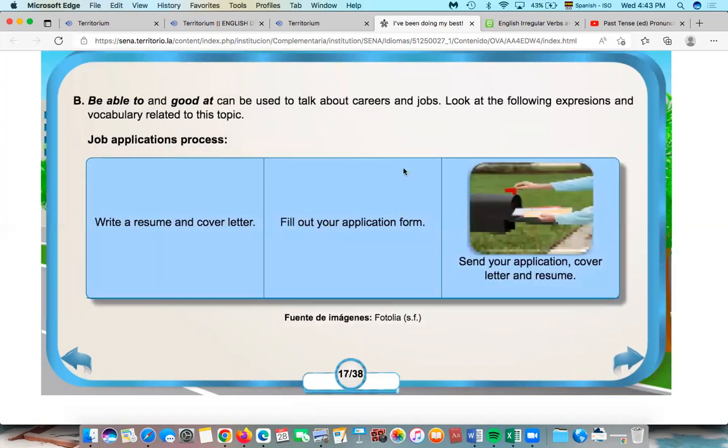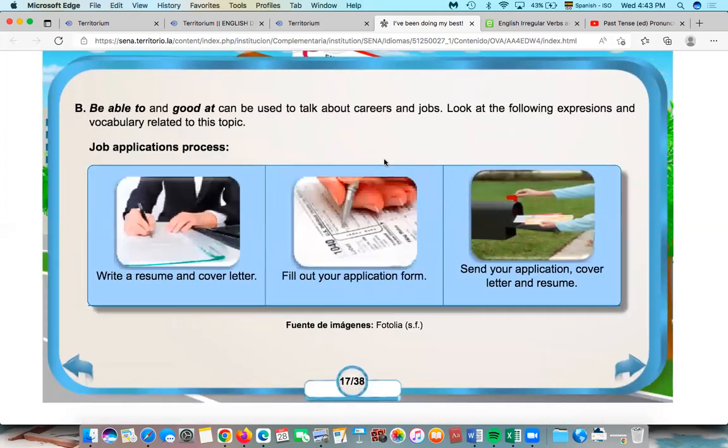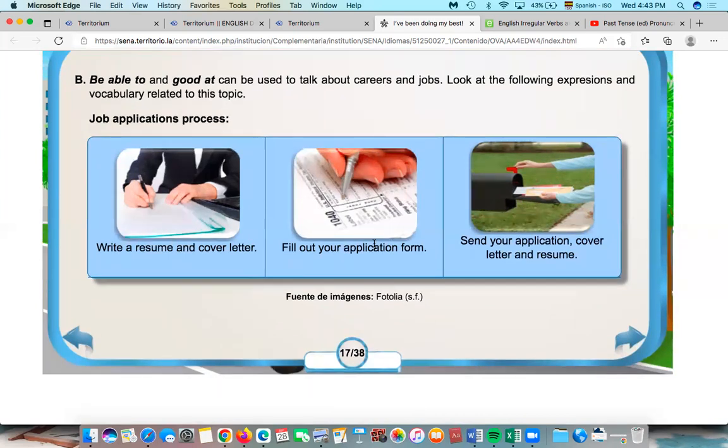Okay. This is a topic that we use when you talk about your abilities, right? So when you're going to present your professional profile, the idea is that you say what you're good at, yes? And what are the skills that you have, right?